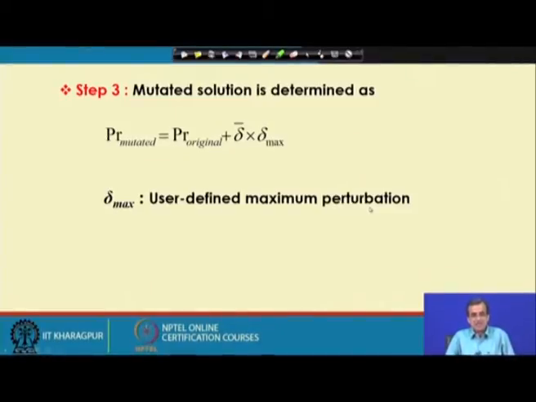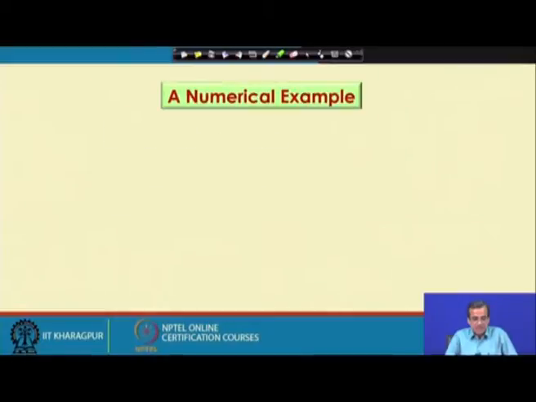That means how much dissimilarity you are going to allow in the value of a variable is denoted by delta max. And once you have delta bar, delta max and P original, very easily you can find out P r mutated. So, using this we can find out the numerical value for the mutated solution.